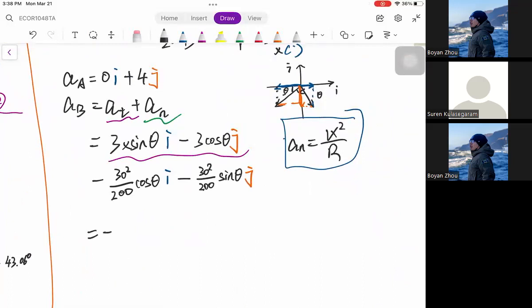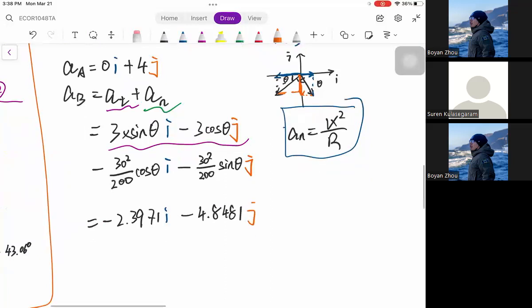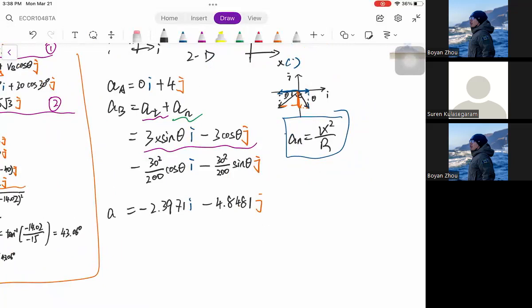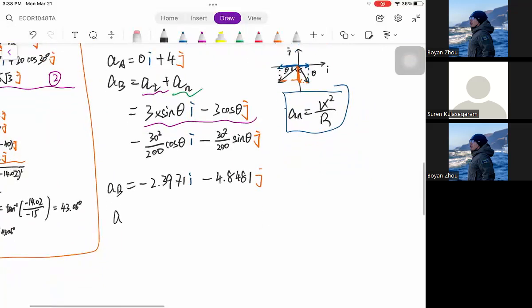So that is negative 2.3971 I and minus 4.8481 in J. So here we have AB and AA. Then the relative acceleration is the same as the relative velocity. Remember it's going to be AB relative to A is AB minus AA.